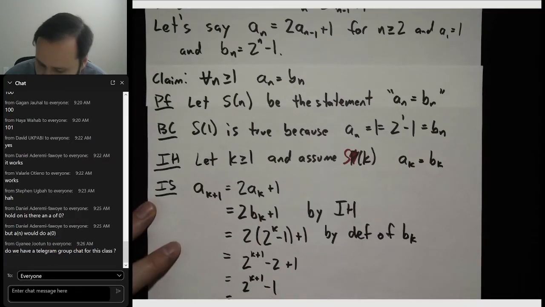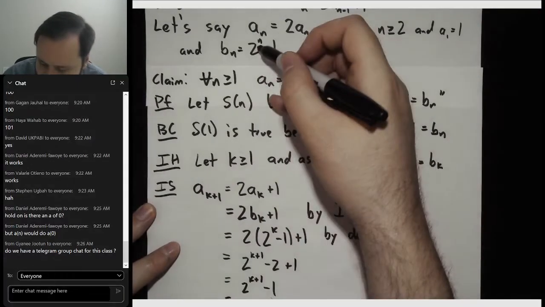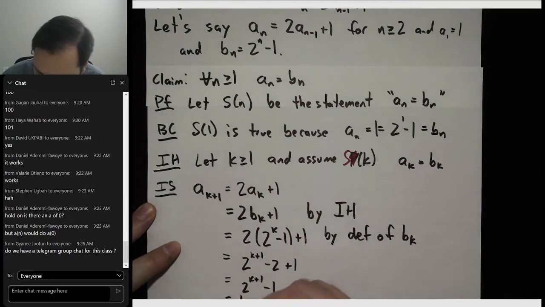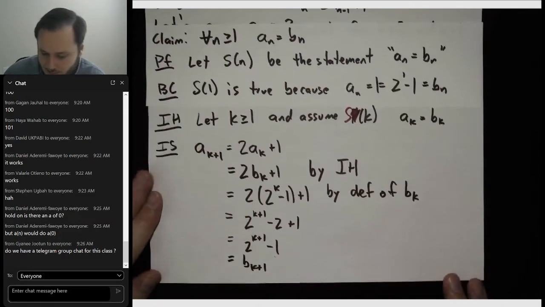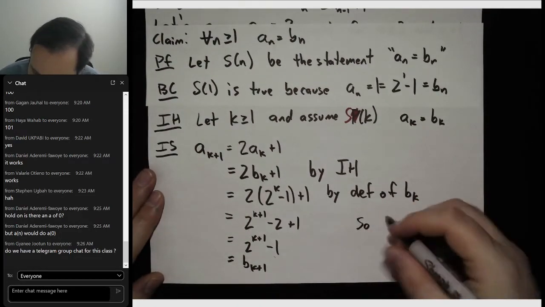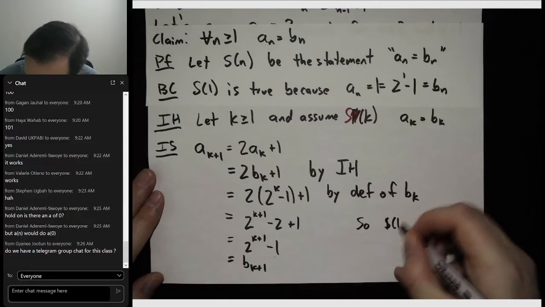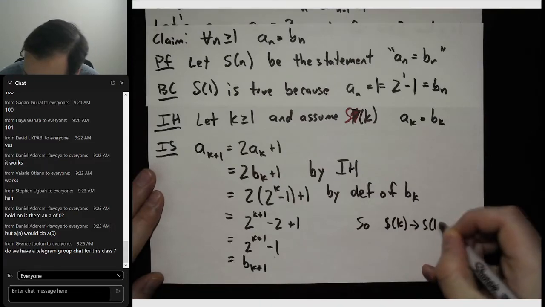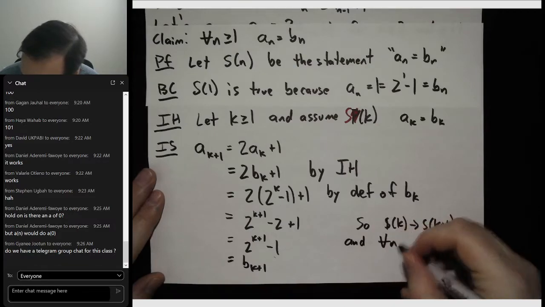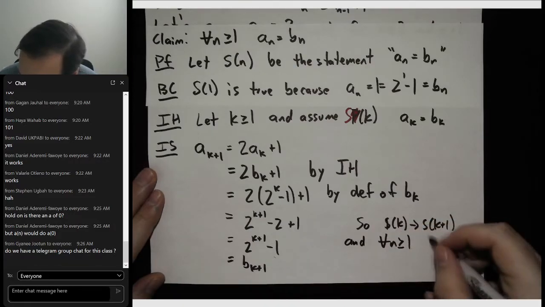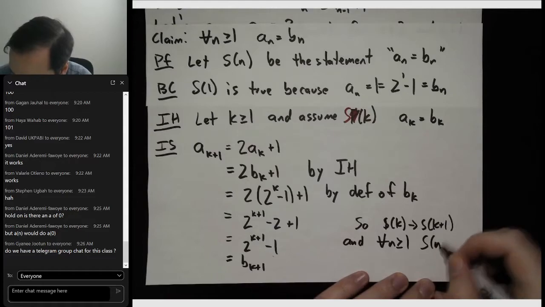And this is equal to what I get if I plug k plus 1 into my formula for B. So S of k implies S of k plus 1. And for all n greater than or equal to 1, S of n holds.